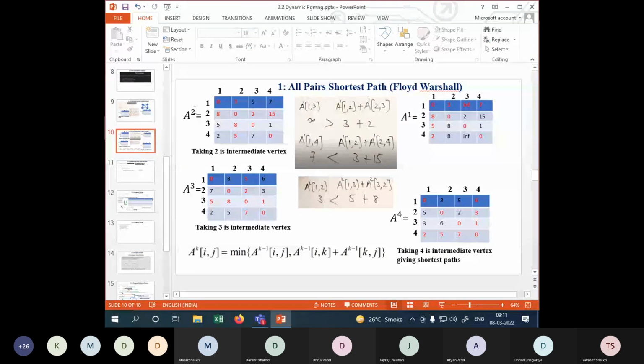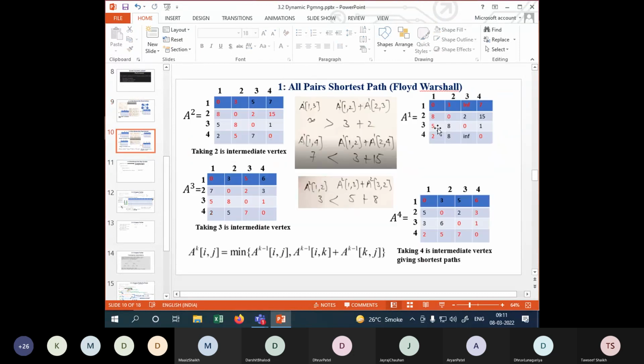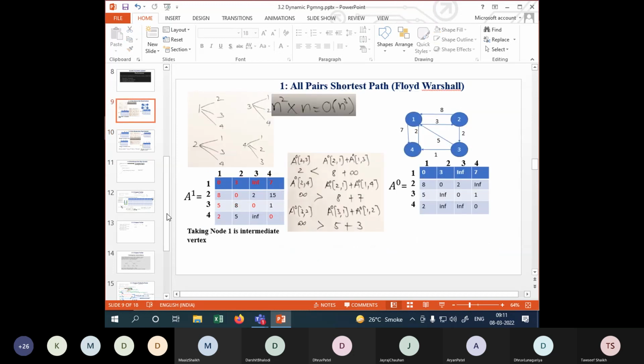So now we need to take the next node, which is node 2. That's this node. We have to take and make it as an intermediate node. And from these matrices, because now we are finding A2, but the matrix which is 1 less than this one, that's A1. We will find it from the values of this one, like we found this from the values of A0.